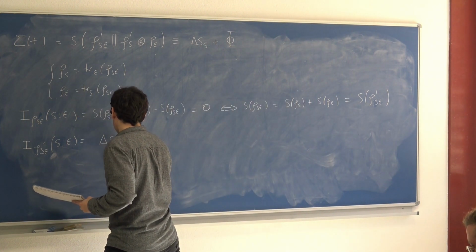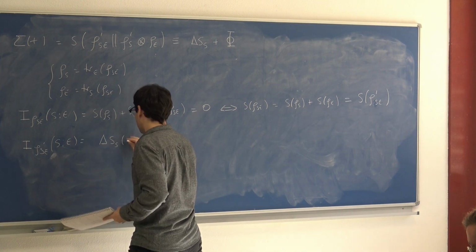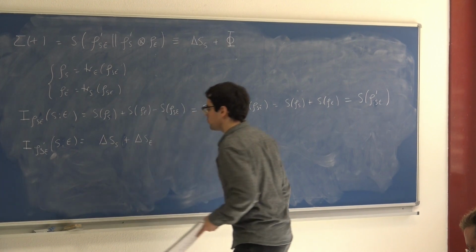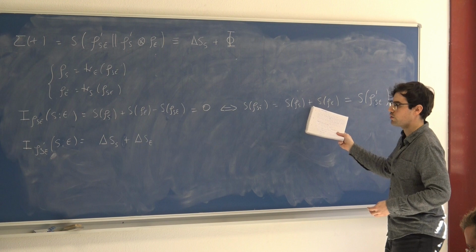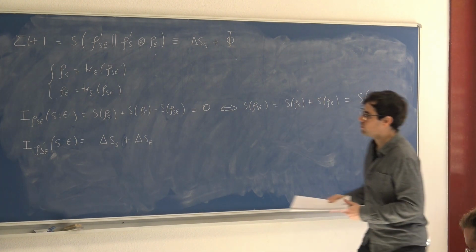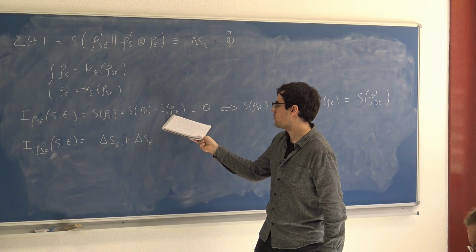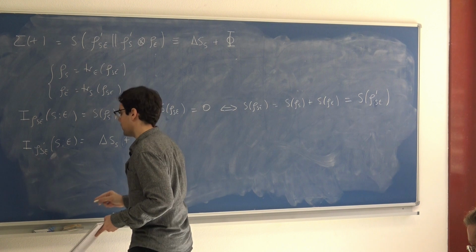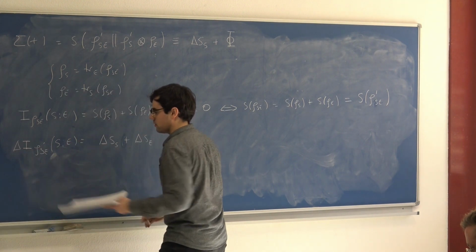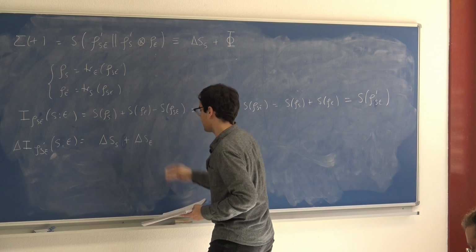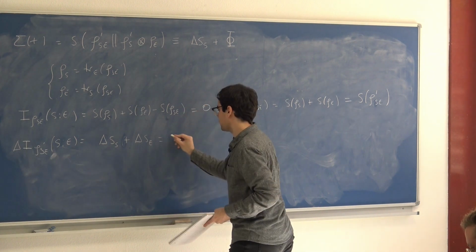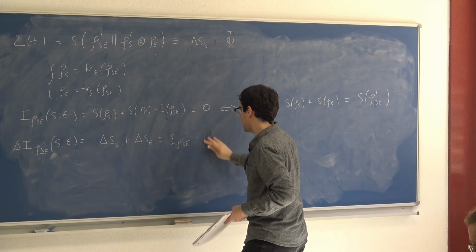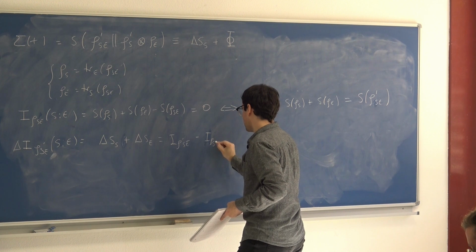For the same argument, this will be simply equal to the change of entropy in each of the subsystems, right? Because the expression will be similar to this one. This term will be equal to this term, and this will be the variation of mutual information, given by the difference.